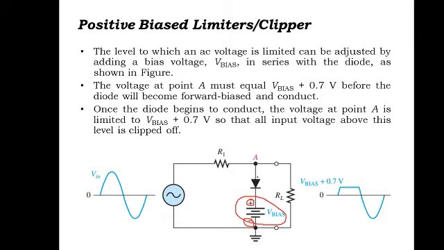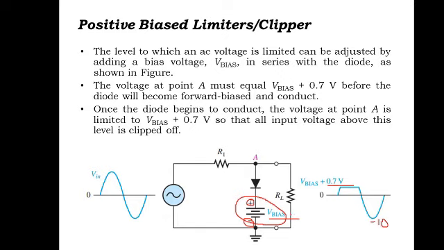Now in the positive clipper, here if you have a look at it, a battery source is connected and the voltage is Vbias. For example, let us say that we have an input of 10 volt peak to peak. In the negative it is going to be minus 10. In the normal case, the output is only 0.7 volt.